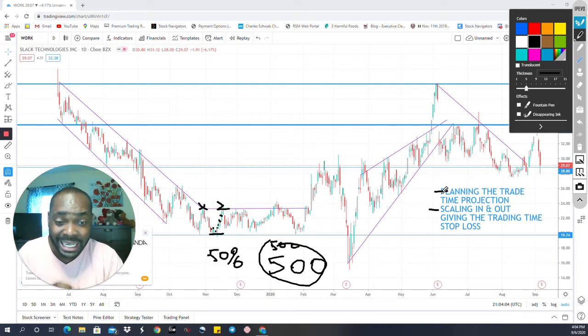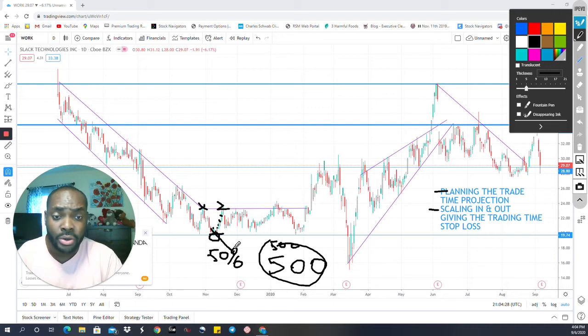Okay, so that is how the scaling in and scaling out method works as it relates to your swing trading and increasing your percentage of profitability, or just increasing the probability overall. Because yes, we could have gotten in down here and the trade completely goes against us.